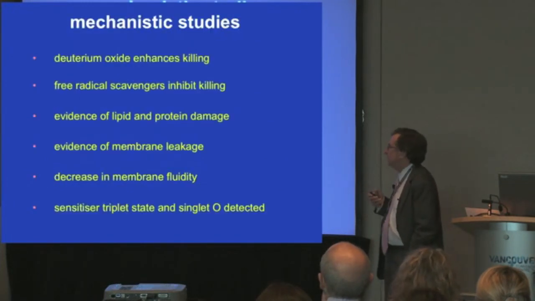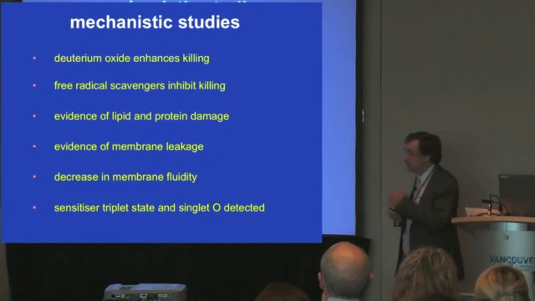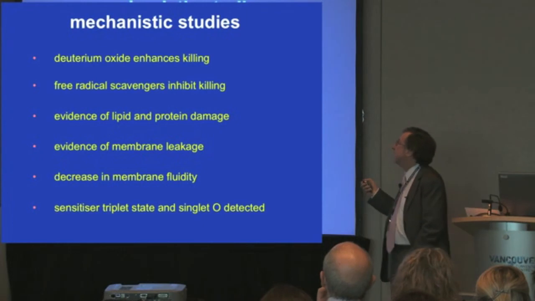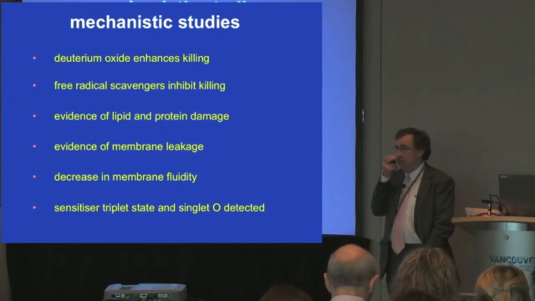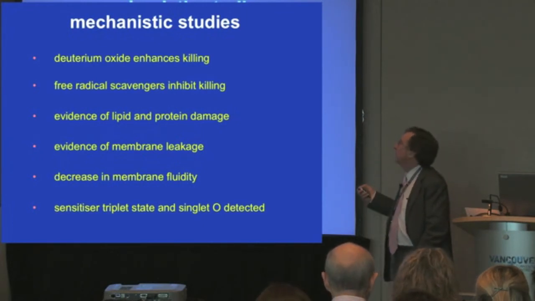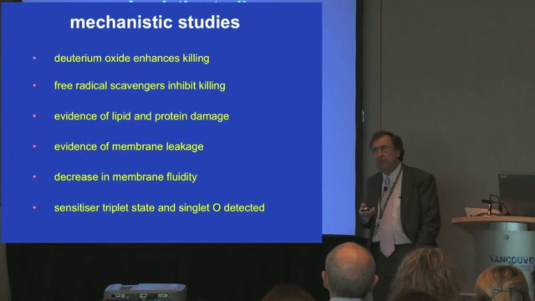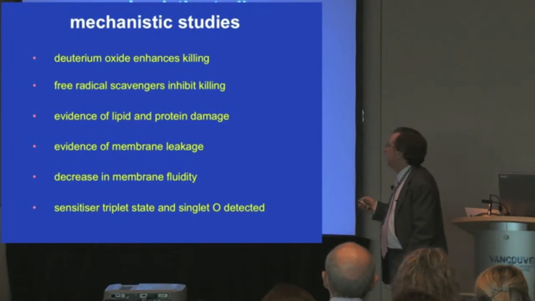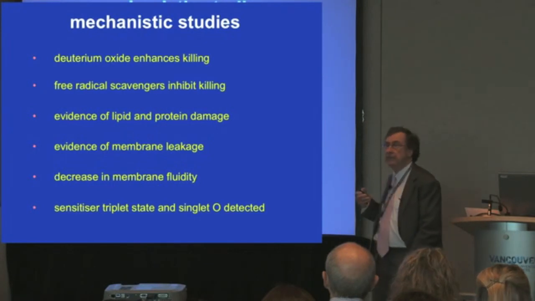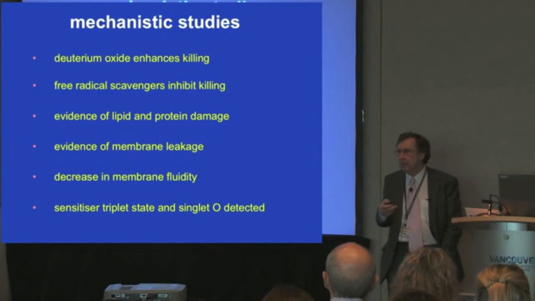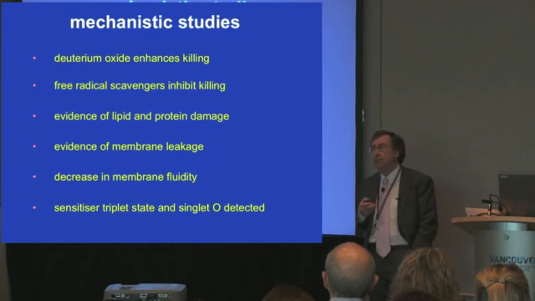So I haven't got time to go through all of the different mechanistic studies we've done, but to summarize them, we found that deuterium oxide enhances killing, suggesting that singlet oxygen is involved in the process. We know that free radical scavengers inhibit killing, for example, tryptophan. If you carry out the experiments in tryptophan, you get far less killing. There's evidence of lipid and protein damage. We can detect in Western blots the disappearance as well as the dimerization, trimerization of certain proteins.